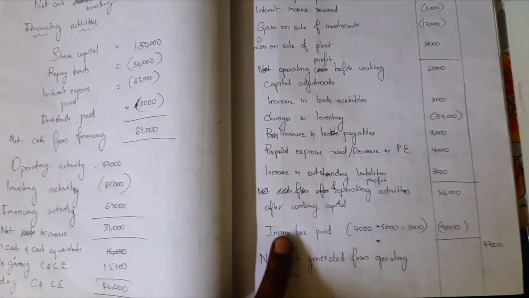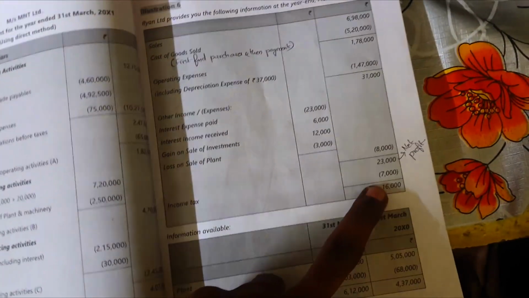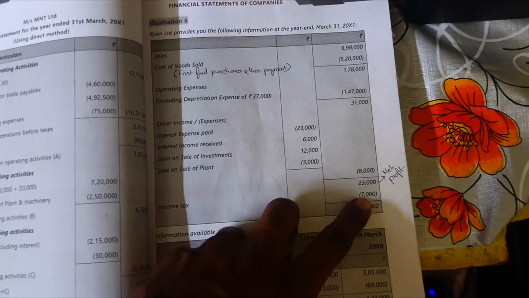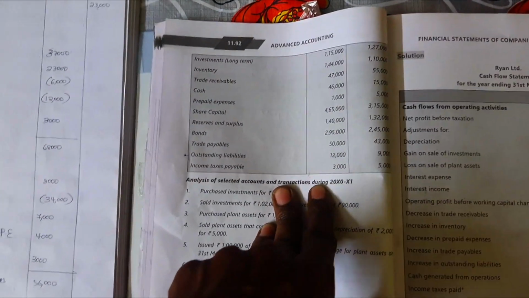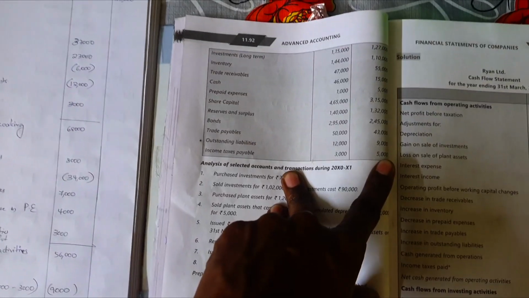After that, you can see income tax paid. See, this is the income tax given in the profit and loss in the question, that was 7,000. And when you see income tax payable, that is 5,000 and 3,000, which means previous year we had a liability of 5,000.